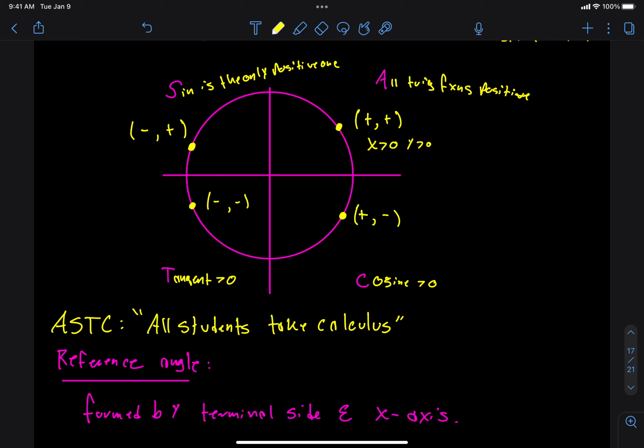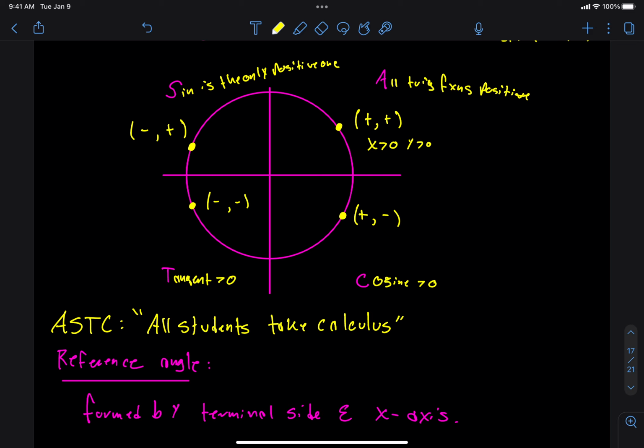So in this case, we go all the way to here and we take away the 180 degrees that it took to go from here to here, and then we're left with whatever is left in order to get the rest of the way here, which is, what, 70 degrees? Okay. So that's how we do reference angle.